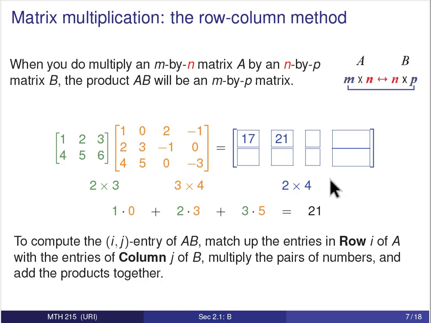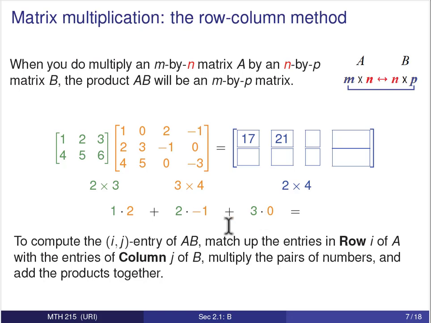All right, now continuing along, what would happen here in row 1, column 3? Well, as before, we're going to use row 1 from the first matrix and column 3 from the second matrix. So 1, 2, and 3 will get matched up with 2, -1, and 0.